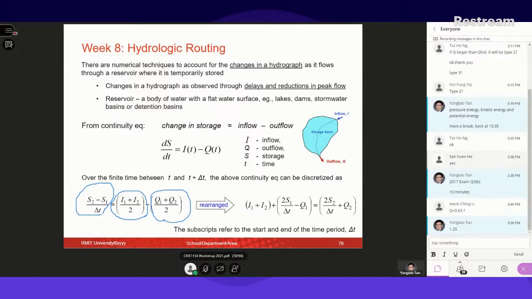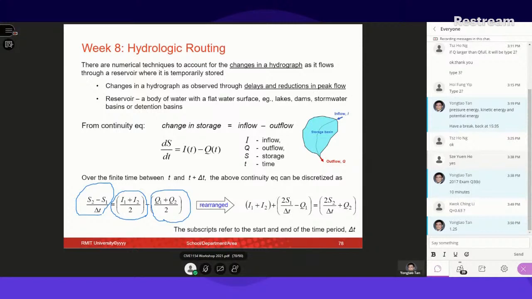We rearrange this equation, so we can see that I1 plus I2 plus 2S1 over delta t minus Q1 is equal to 2S2 over delta t plus Q2. This can be used to help us do the hydrologic routing. The known quantities are the time t, and I1 and I2 from the inflow hydrograph.